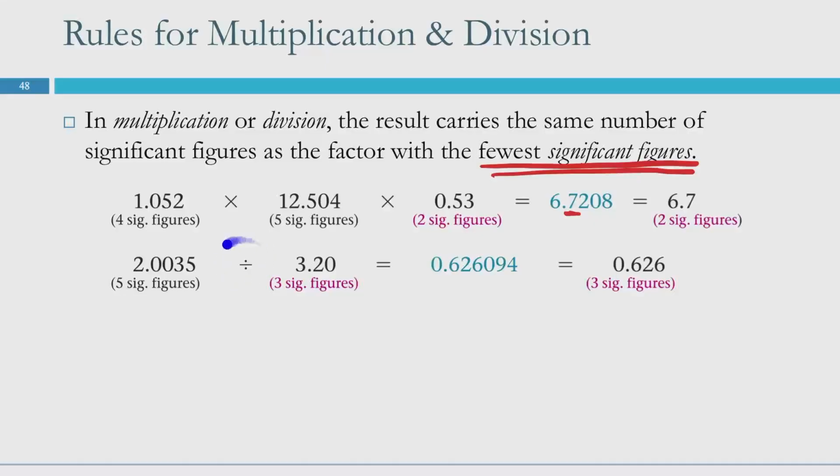In our second one, we're doing division. We've got 5 significant figures. We've got 3 significant figures. 3 is smaller than 5, and so we're going to round our final answer to have 3 significant figures. So that would be the second 6.